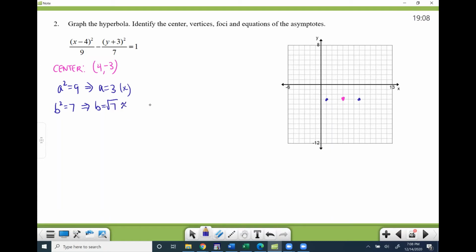Square root of 7, according to my calculator, 2.6-ish. So we're going to go that in the y direction. So I'm going to go 1, 2.6, so a little bit more than halfway. And then 1, 2.6. And don't draw an ellipse, draw a box. So here's our box. You know what, it might just be easier for me to just do it by hand.